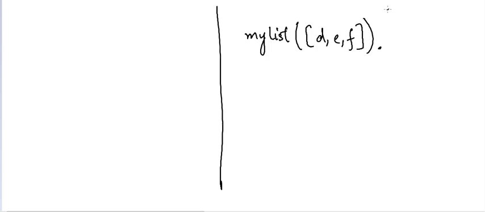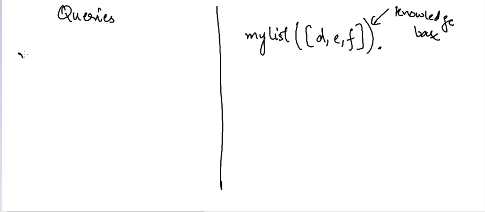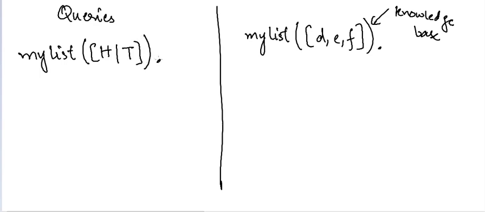Okay, if this is a clause in our knowledge base, right? If this is what we have in our knowledge base, and this is where I'm going to be asking queries. So if I ask this query, my list, and I say h/t, Prolog is going to take the first element and make this the head, right?